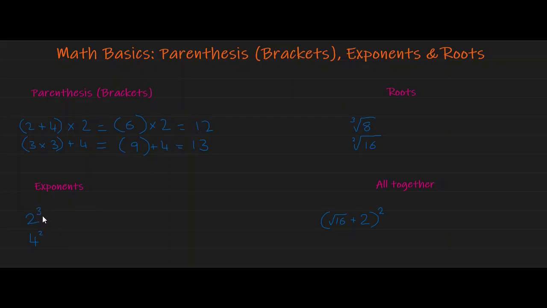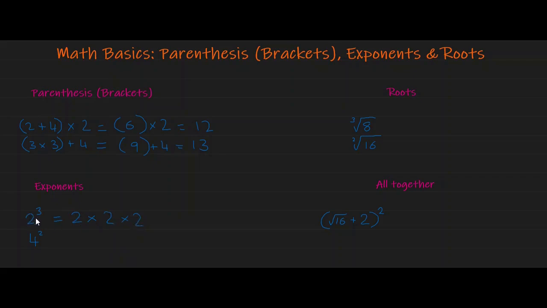All this means is 2 raised to 3, or 2 to the power of 3, which would be equal to 2 multiplied 3 times. It's not 2 multiplied by 3, it's 2 multiplied 3 times, which would look like 2 multiplied by 2 multiplied by 2. So as you can see, there are 1, 2, 3 2's.